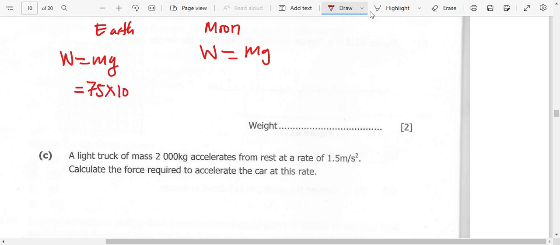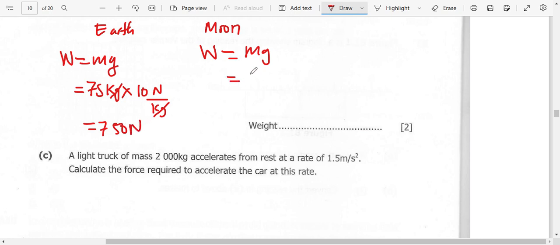Let me put the units also so that you see how they cancel out. The man is 75 kg, gravity on Earth is 10 Newton per kg, so the kg cancels with the kg. The answer is 750 newtons.